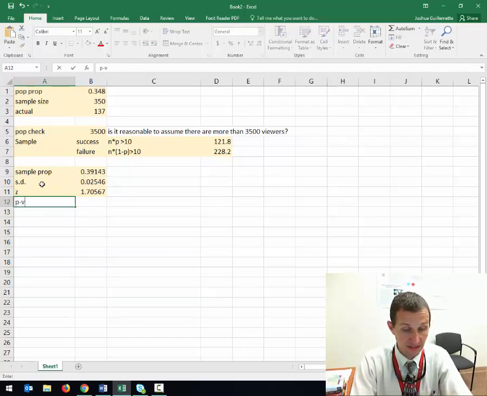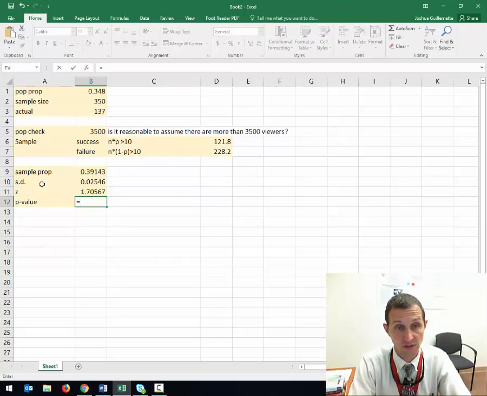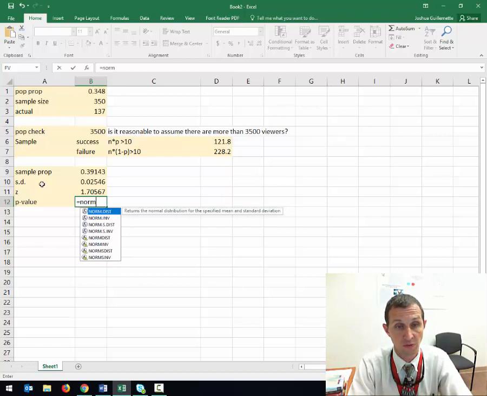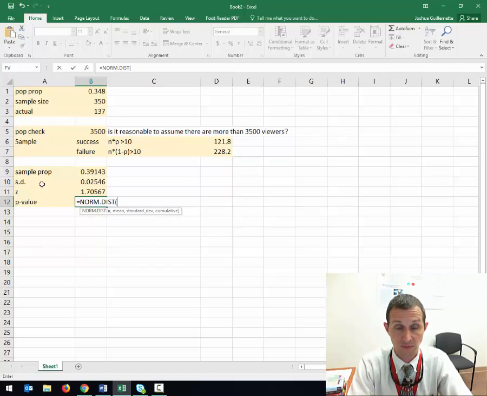So now my p-value is going to be equal to, now this is kind of a different function. What we're using here is the normal distribution, because it's a set of proportions, and the central limit theorem tells us that this is what we're supposed to use, right?